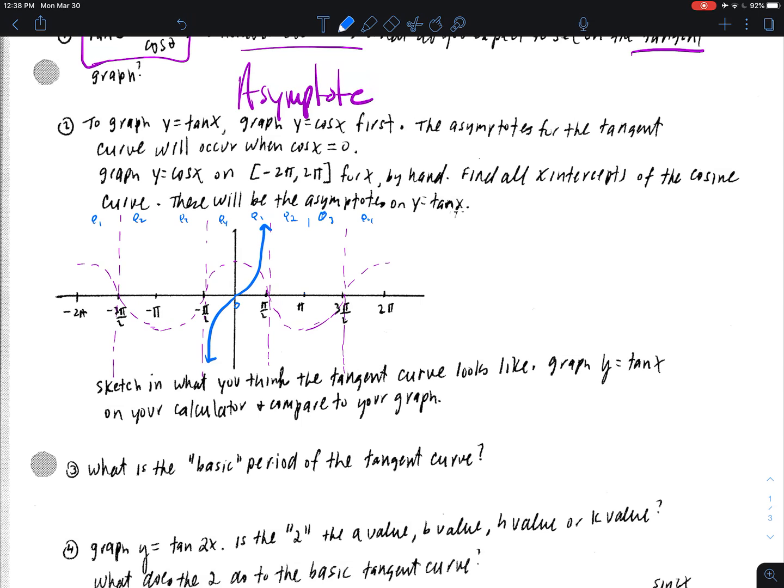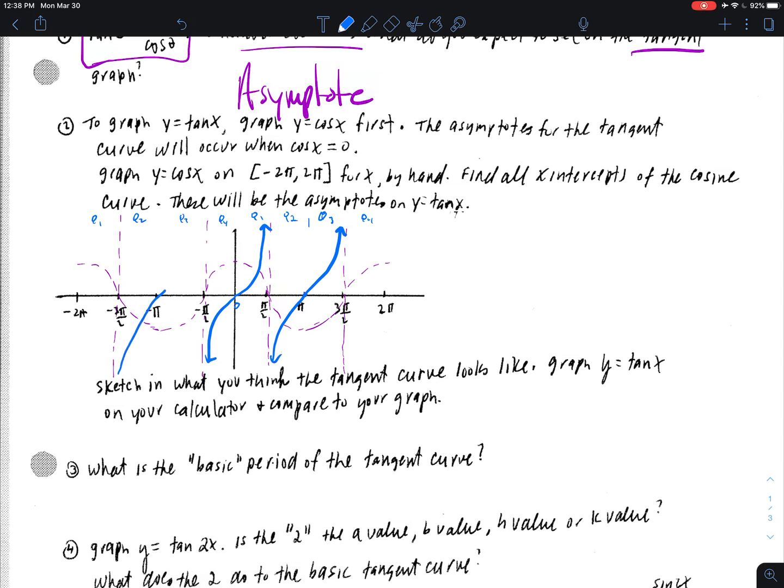So in quadrant 2 you're headed towards 0 again, but coming up from negative infinity. And then in Q3, tangent is positive, so Q3 is going to look exactly like Q1, that positive increase.